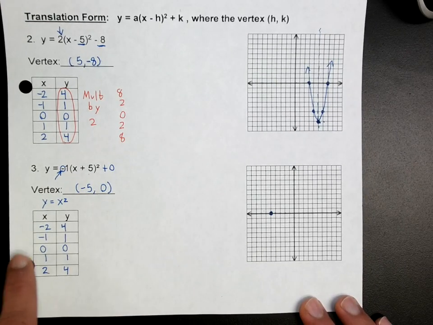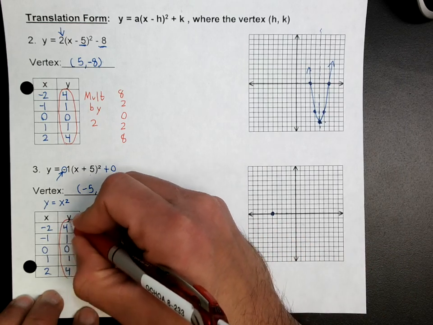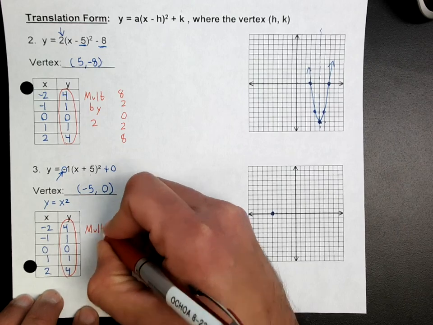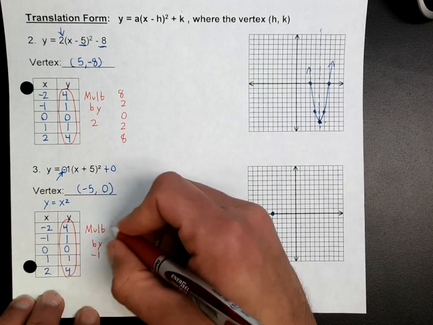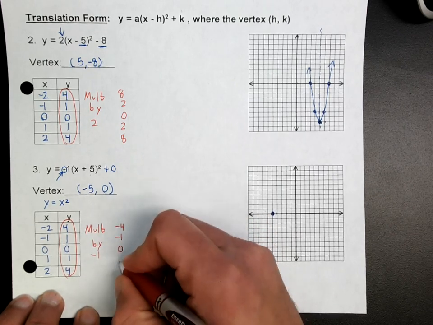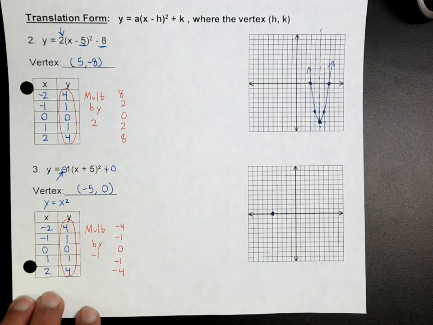Now, what I'm going to do to make this easier for myself is that to reflect over the x-axis, that's the same thing as multiplying all these by a negative 1. Okay? So instead of 4, I'm going to have negative 4. Instead of 1, I'm going to have negative 1. So basically all that happens is that the signs on the y coordinates are switched.